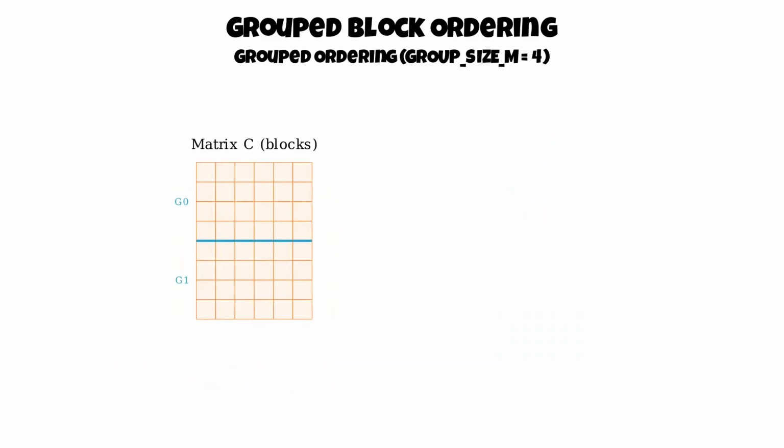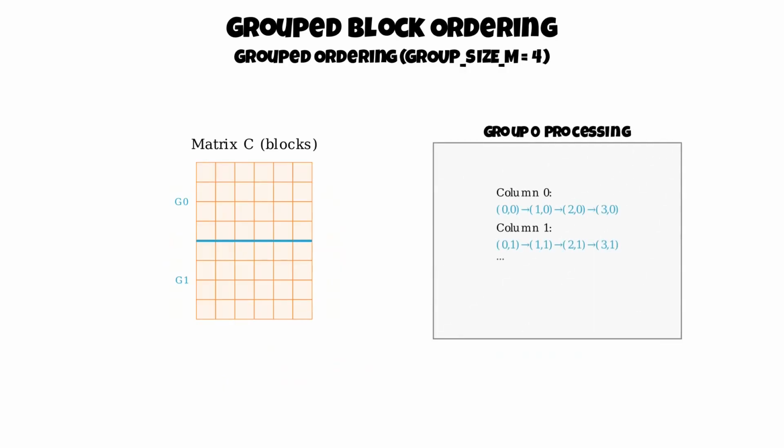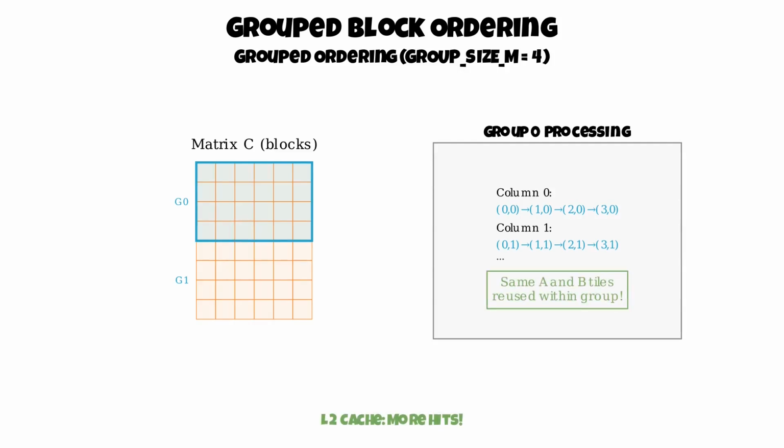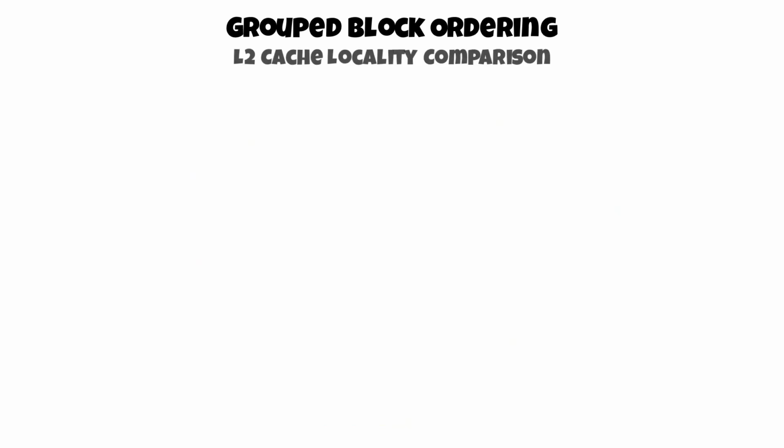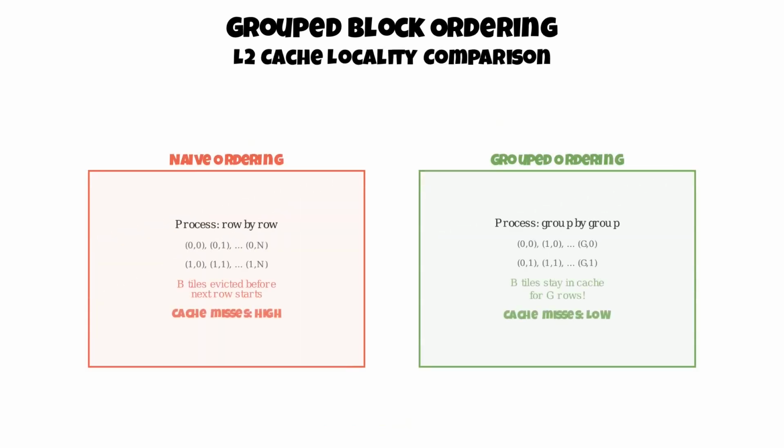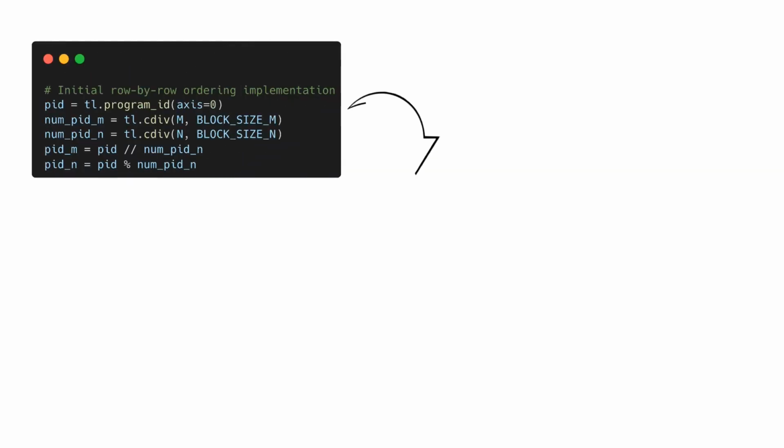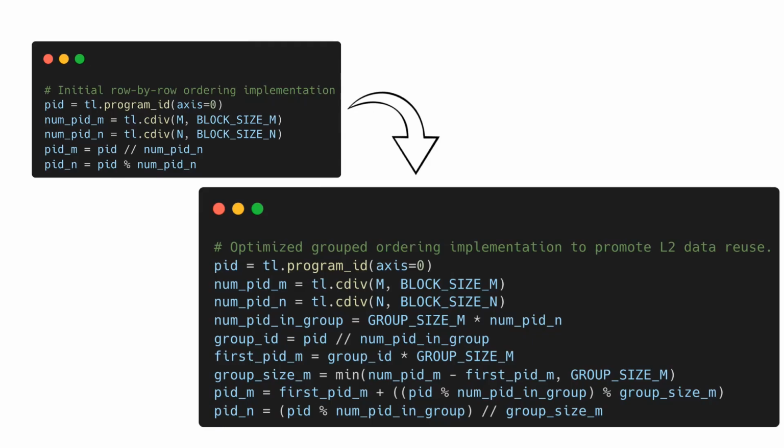The solution is grouped ordering. Instead of going row by row, we group 4 blocks together and process them as a superblock. This way, blocks that use similar parts of A and B run close together in time, and we get more L2 cache hits. Let's compare the row by row and grouped ordering implementations.